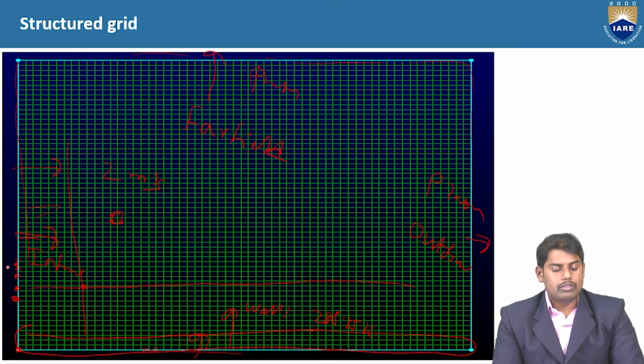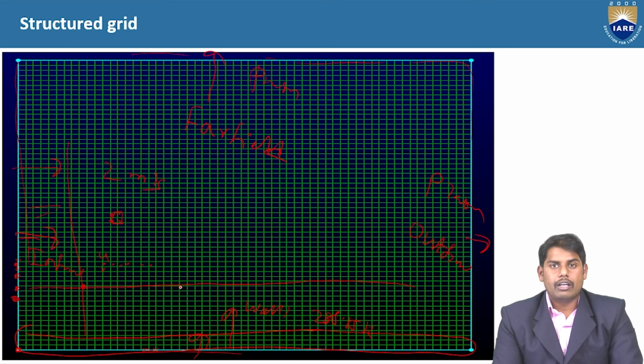What is happening at each grid point is that we need to solve the continuity, momentum and energy equations. We need to solve these governing equations at all these grid points and get the solution over this domain: u velocity, v velocity, w velocity, and pressure.